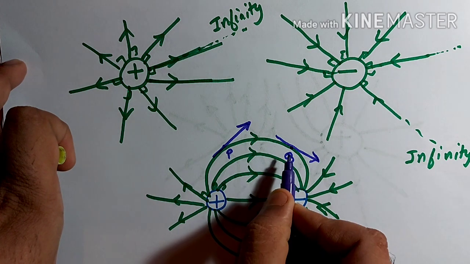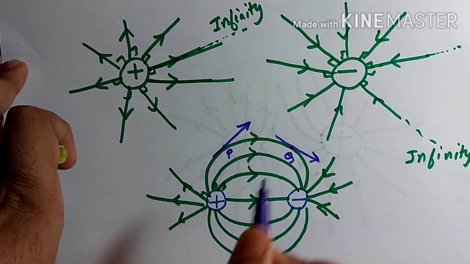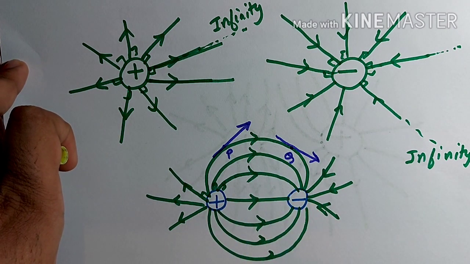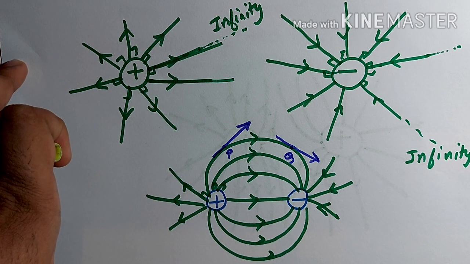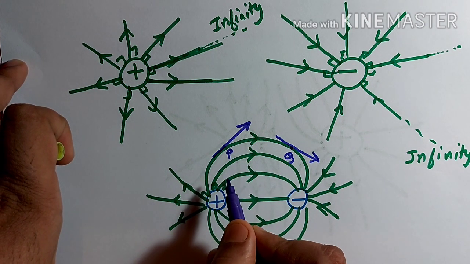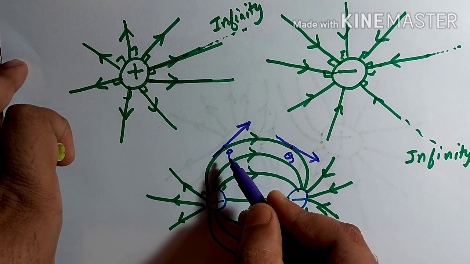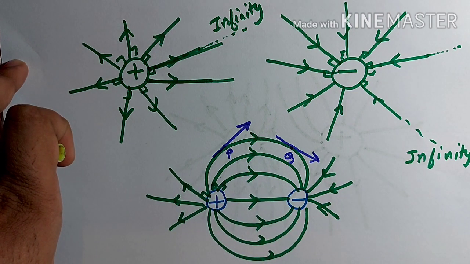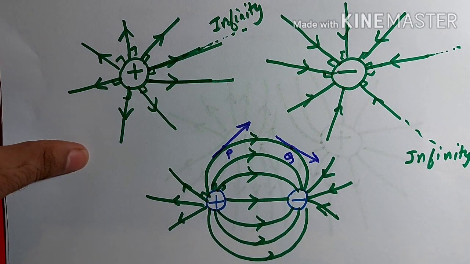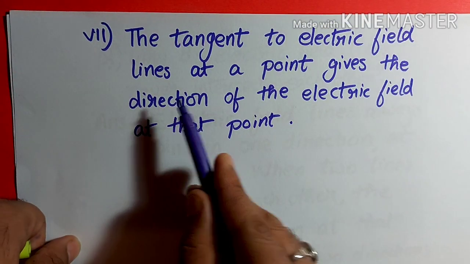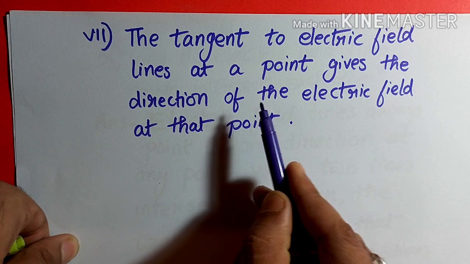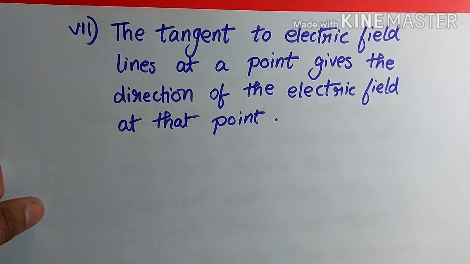The tangent drawn at that point gives the direction of electric field, because electric field is a vector quantity and we need both magnitude and direction, and the direction is depicted by a tangent drawn at a particular point. Clear? So the last point says the tangent to electric field lines at a point gives the direction of electric field at that point.